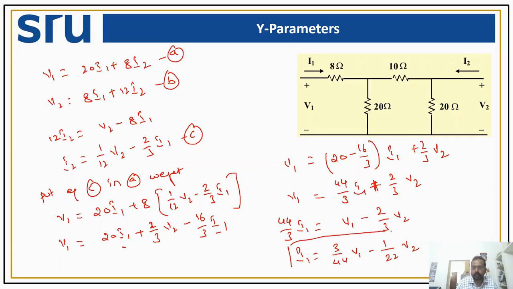So this is my first equation. So we can see that this 3 by 44 is my Y11 and minus 1 by 22 is my Y12. Now what we need to do? We need to substitute this I1 in this particular equation so that we are going to get I2. So let us solve that one.